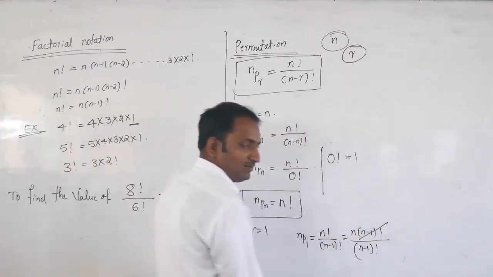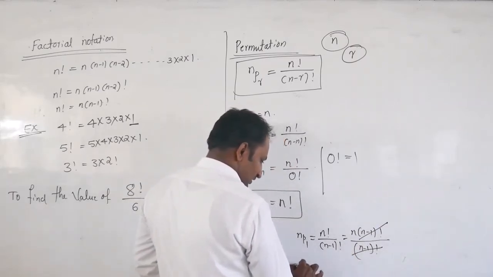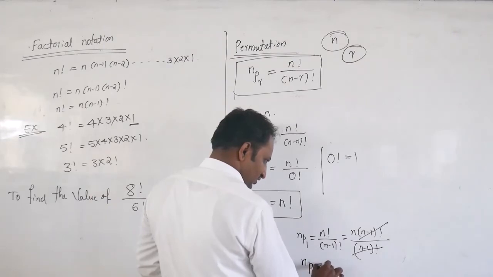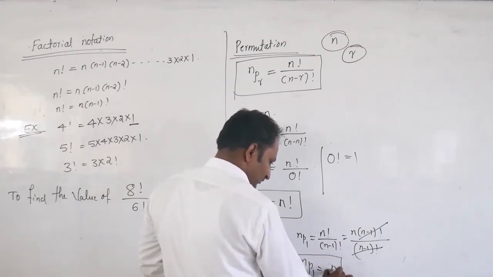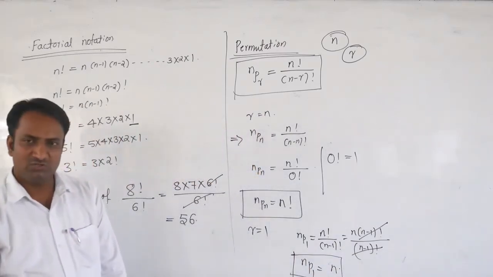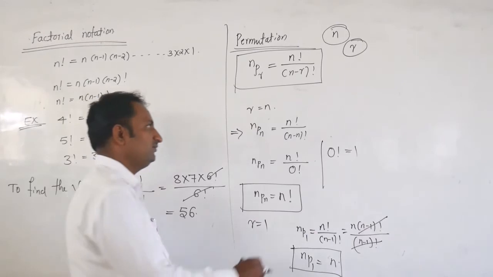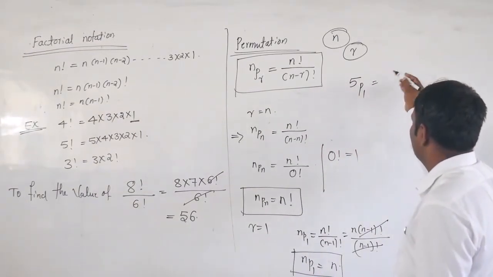The (n minus 1) factorial terms cancel. nP1 is equal to n. This is another formula. nP1 is equal to n. For example, 5P1 is equal to 5.